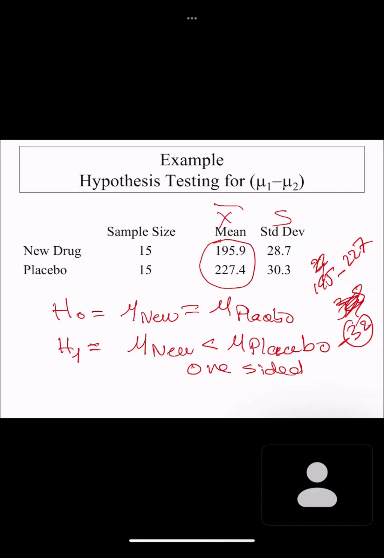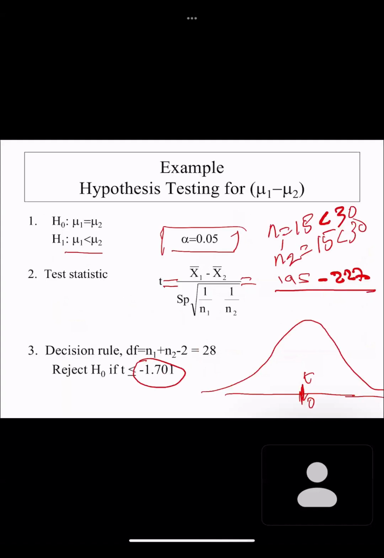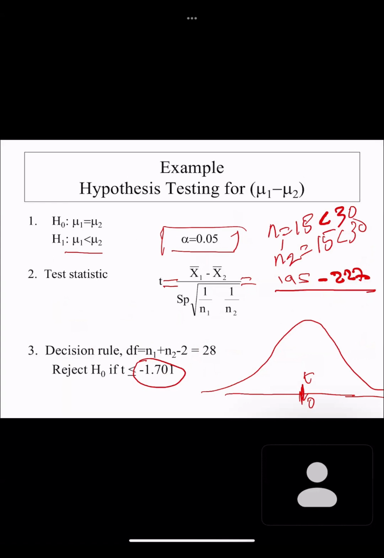Did we calculate it here? No, it's not calculated yet. The Sp is 29.5. So it's 29.5 times the square root of 1/15 plus 1/15. This whole T is not equal to anything yet.